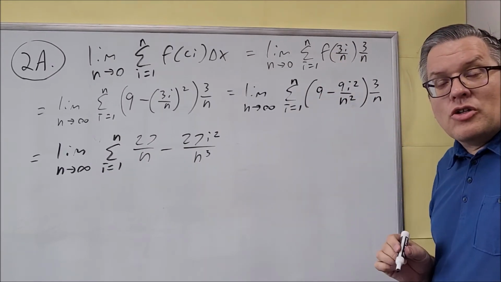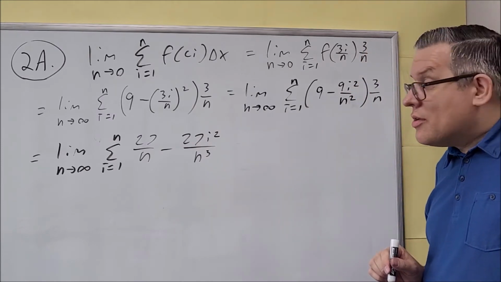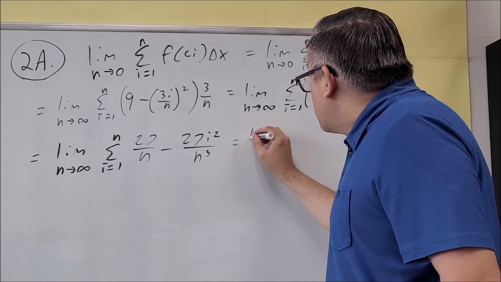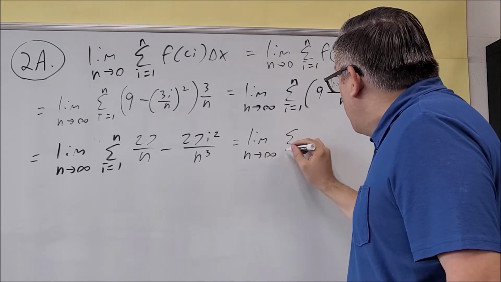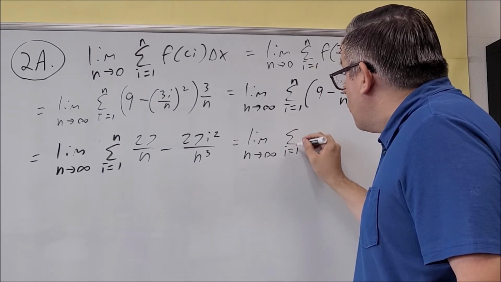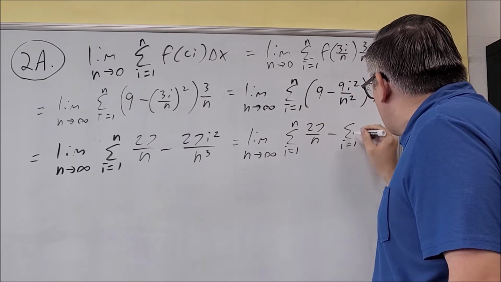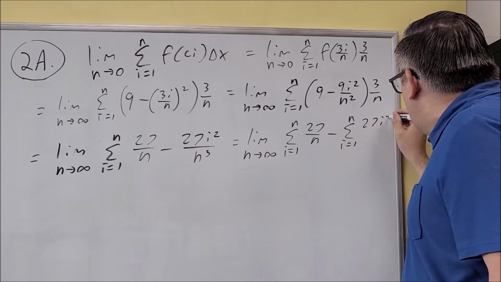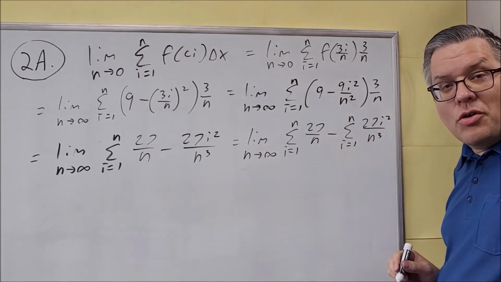And the idea here is by doing that, eventually you're going to apply a summation formula to each of those separately. So now let's separate that. We have the summation i equals 1 to n of 27 over n minus summation i equals 1 to n 27i squared over n cubed. So we're applying a summation to each of those.